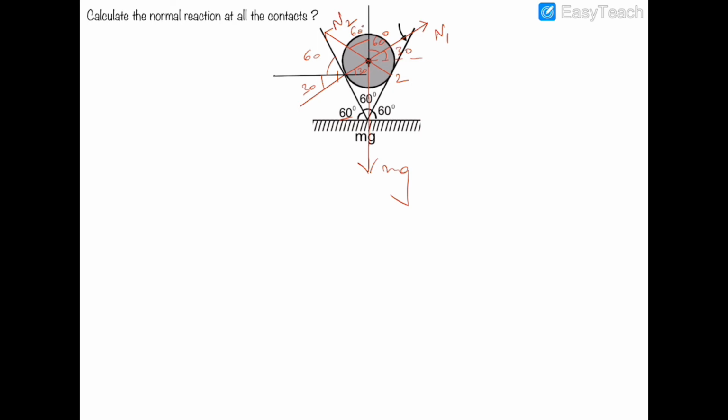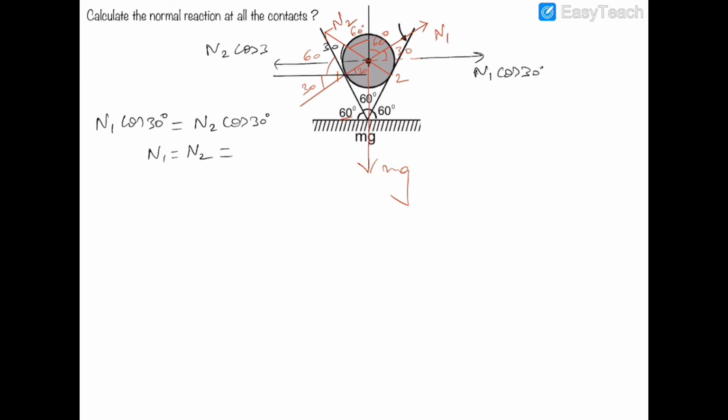And you can see that if we balance the normal reaction forces along the x-axis, the components will be N1 cos 30, and here it would be N2 cos 30. This angle is 30. So N1 cos 30 will be equal to N2 cos 30, and therefore we can conclude that N1 will be equal to N2.